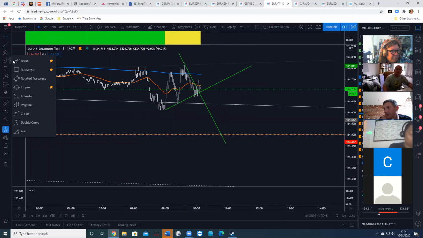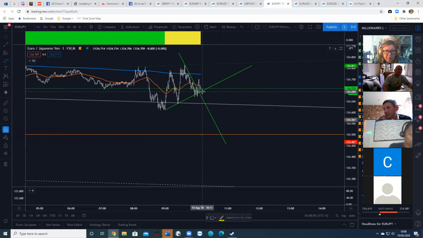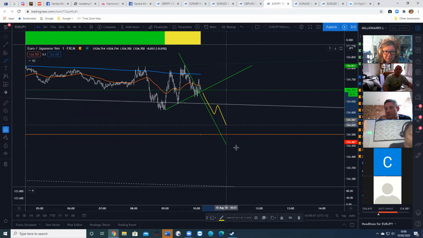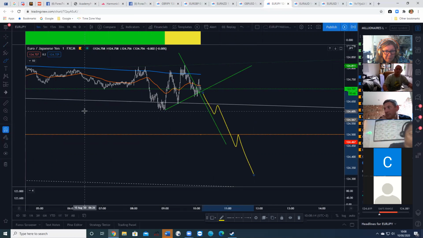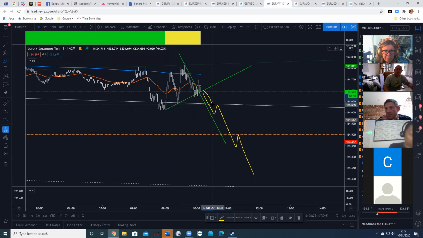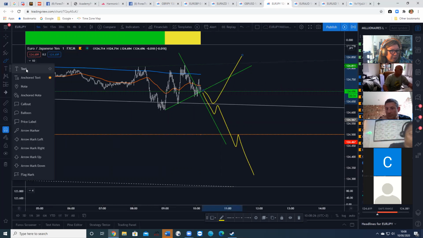So I'm looking for it to carry on down. Or is it going to reject off that pitchfork again and then go back up? Don't know on that one either.